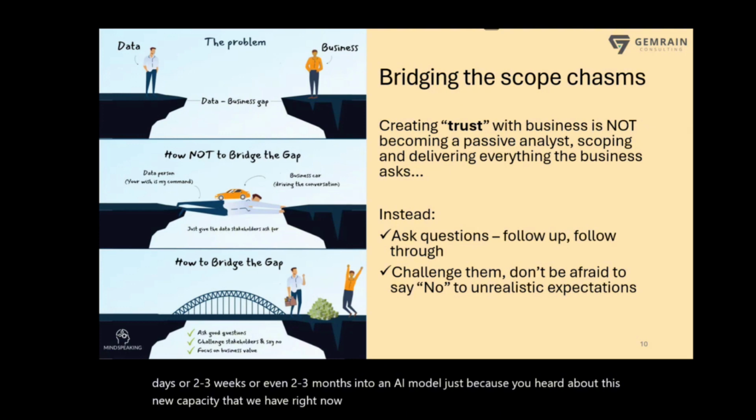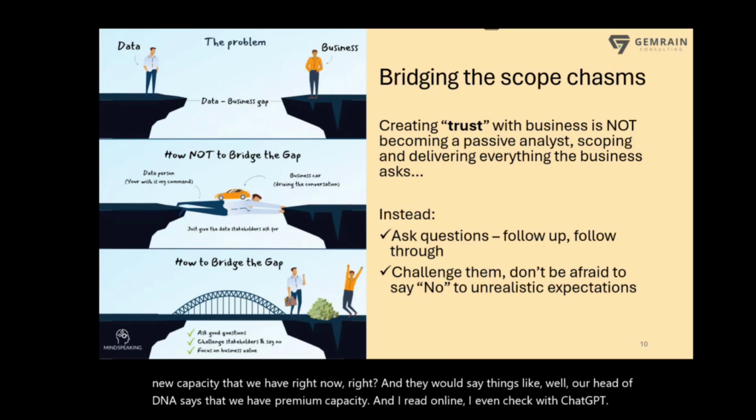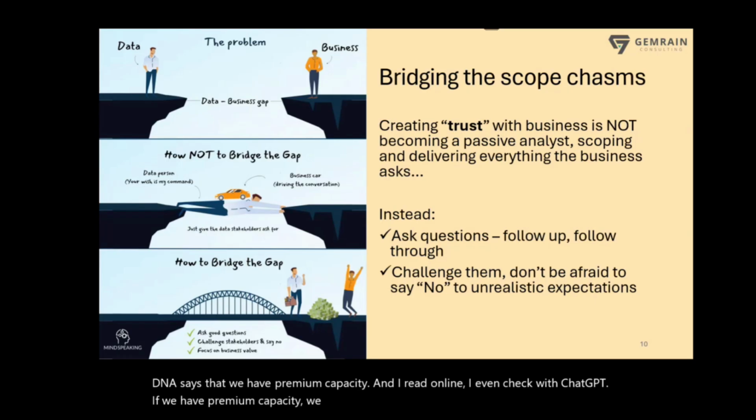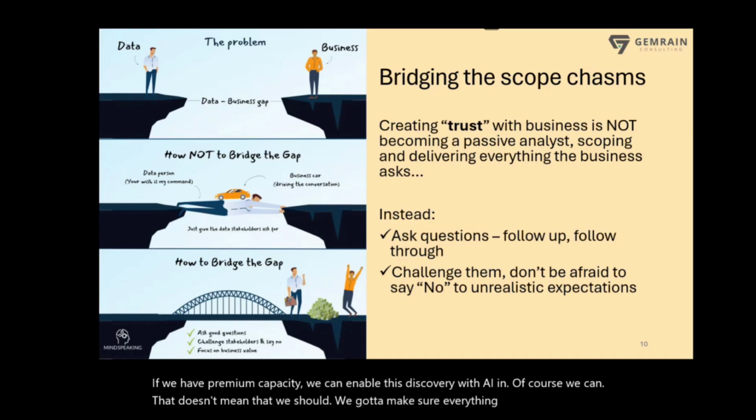And they would say things like, well, our head of DNA says that we have premium capacity, and I read online, I even checked with ChatGPT that if we have premium capacity, we can enable discovery with AI in Power BI. Of course we can, but it doesn't mean that we do it. We gotta make sure everything is in place first before we even feed anything to AI.